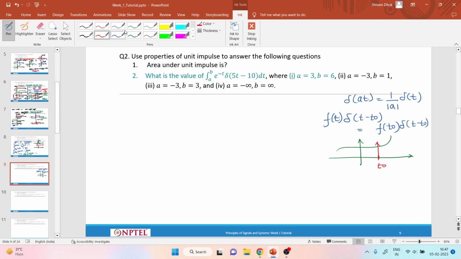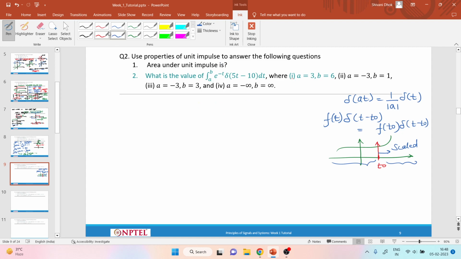So whatever signal is present here in these parts, it will be equal to 0, because your unit impulse is 0 here, and this impulse will get scaled by the function value, that is the value of f of t at t naught, that is f of t naught. So whatever it results will be equal to f of t naught into delta t minus t naught. So this is one of the important properties of your unit impulse.